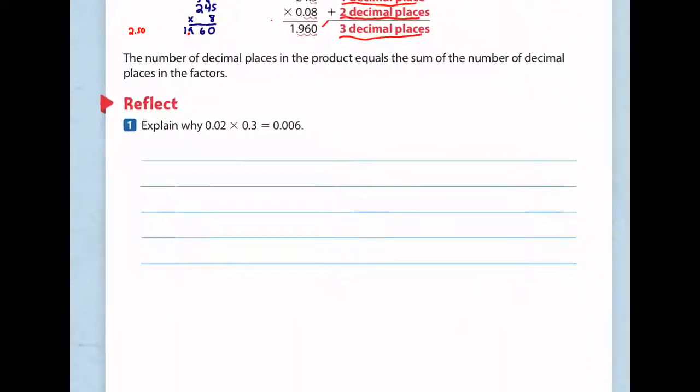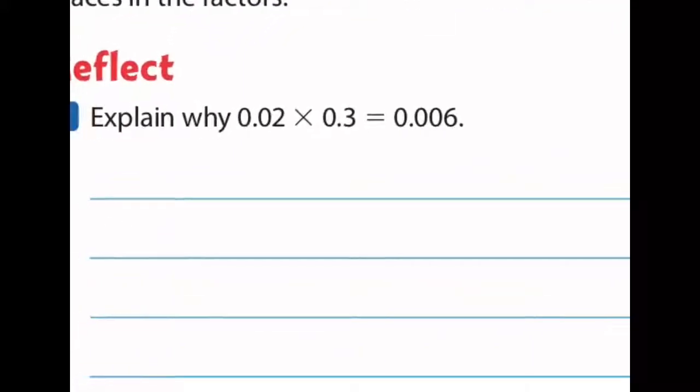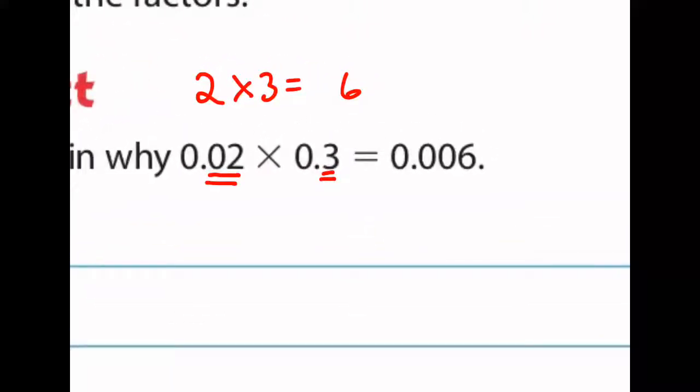All right, now in your reflection, it says explain why 2 hundredths times 3 tenths is 6 thousandths. Just so you know, if you were solving this, you would do 2 times 3 is 6, right? But because there are 2 decimal places here and 1 decimal place here, your product needs to have 3 decimal places. Now notice 6 only has 1 digit.